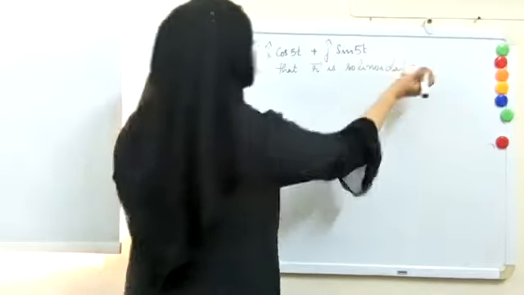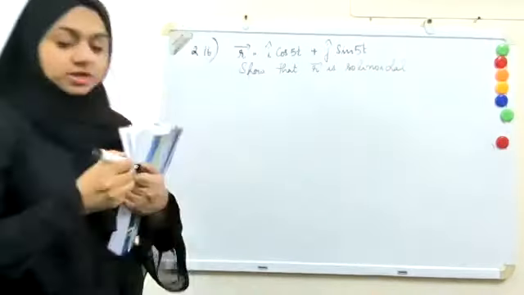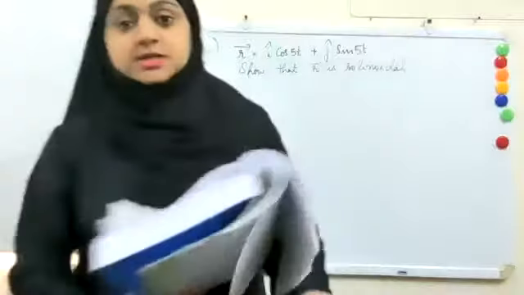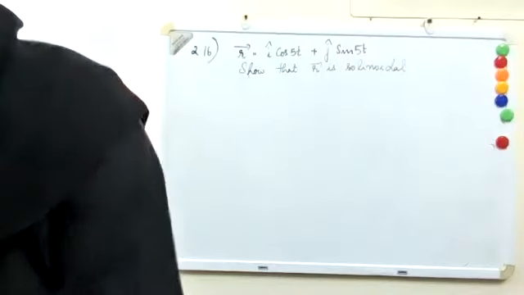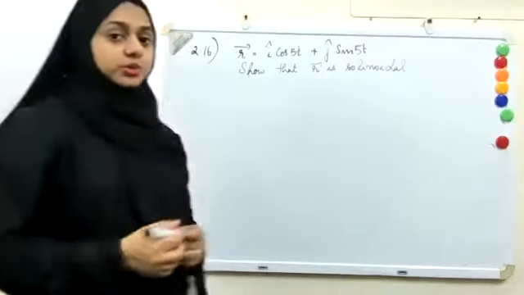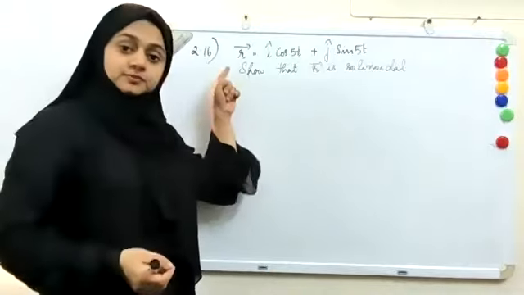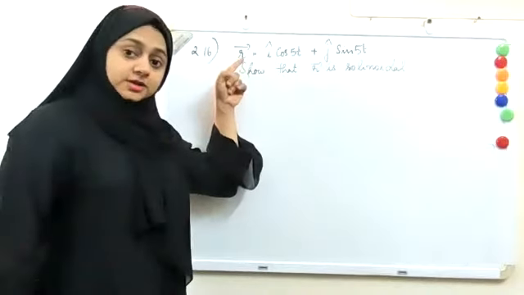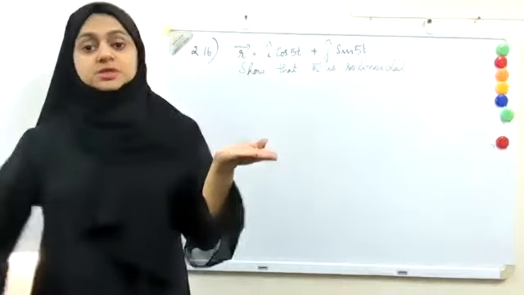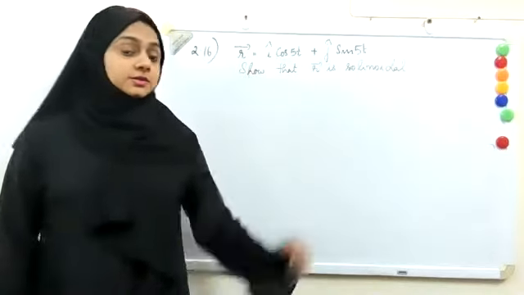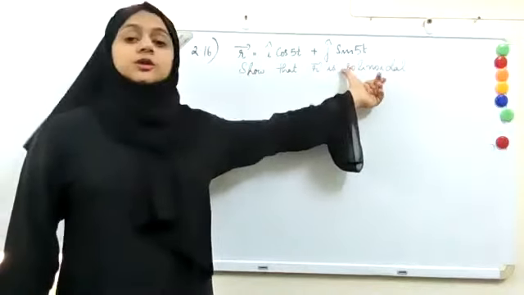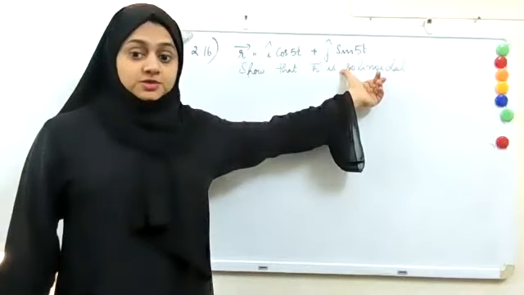How can we show that R is solenoidal? What should I find to show that R is solenoidal? What should I do with R? Should I take the gradient, divergence, or curl? They have told to show it is solenoidal. So what should I do?